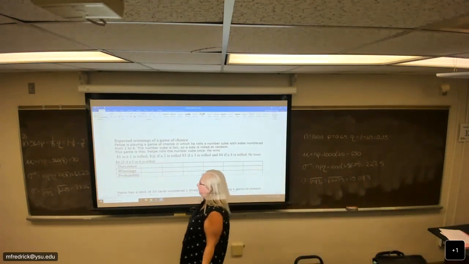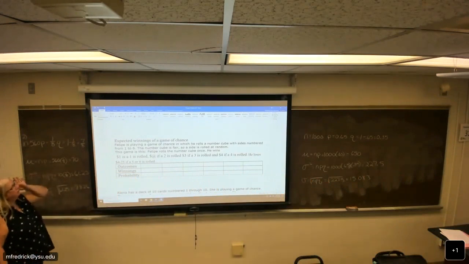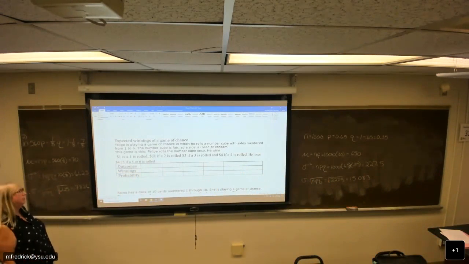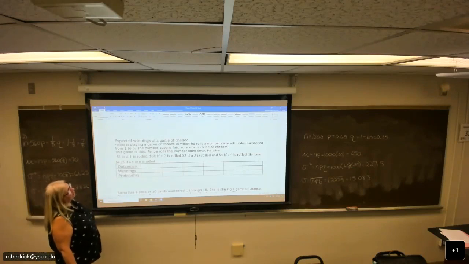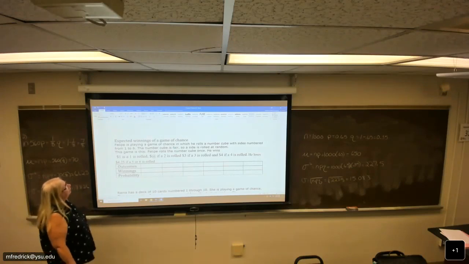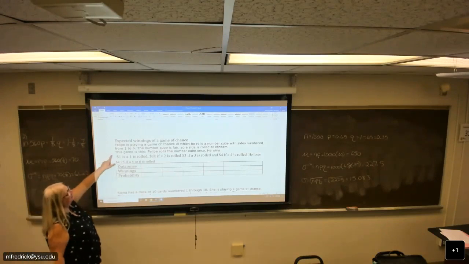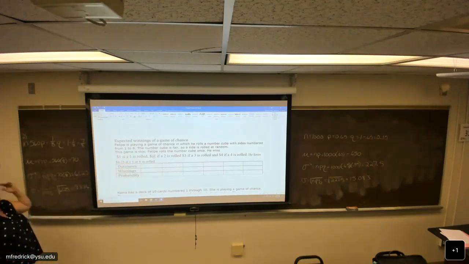Expected winnings of a game. Felipe is playing a game of chance in which he rolls a number cube with sides numbered from 1 to 6, so a regular die. The number cube is fair, so a side is rolled at random. Felipe rolls the number cube once.